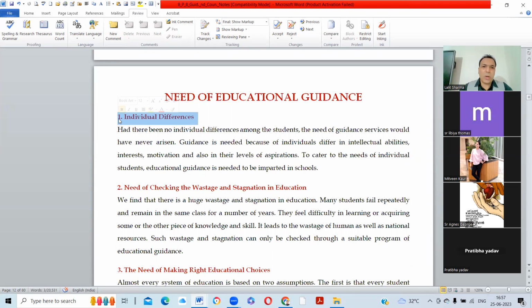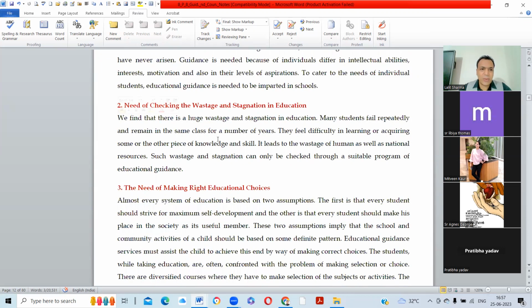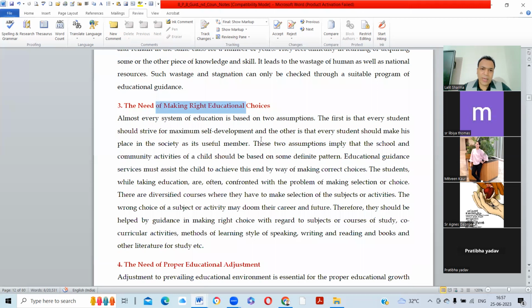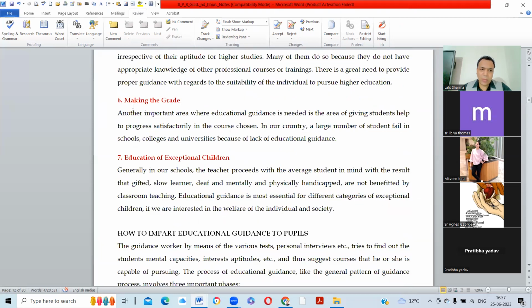So here you have to talk under this topic about individual difference. No students are alike. That's why there is a need for educational guidance, need of checking the wastage and stagnation in education. Sometimes the topic the teacher is teaching, they are not prepared well. So all these points talk about why educational guidance is needed among the students.